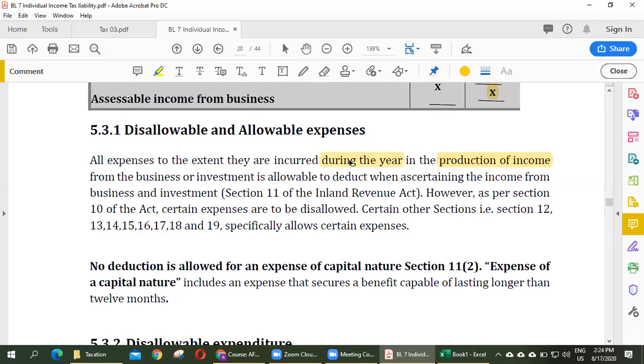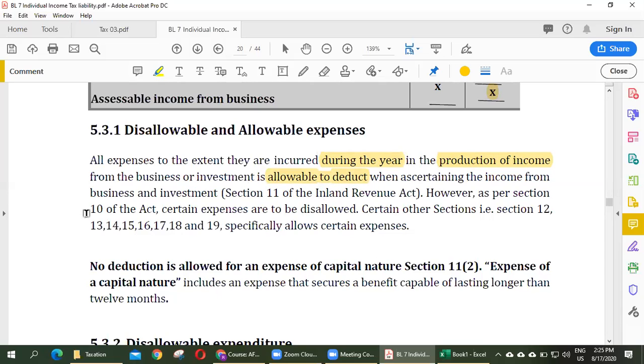The expenditure should be incurred during the period. The production of income from the business or investment is allowable to deduct when ascertaining the income from business and investment. Section 11 of this Inland Revenue Act, right?